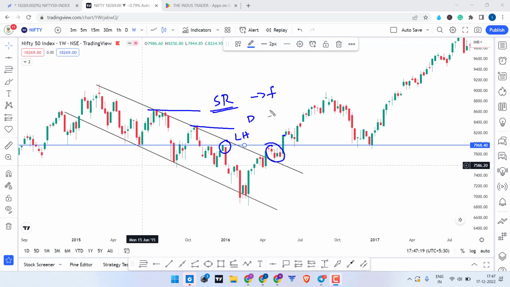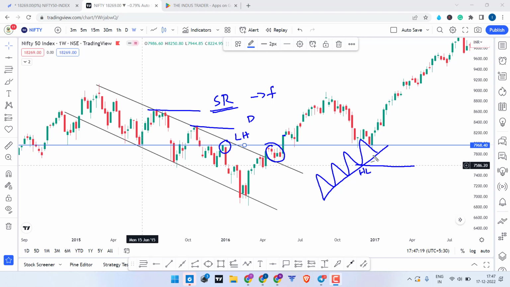In an uptrend it's completely reverse. Let's say the stock is moving like that, and you draw your trend line here. This particular recent swing, that is the value area, is the higher low.